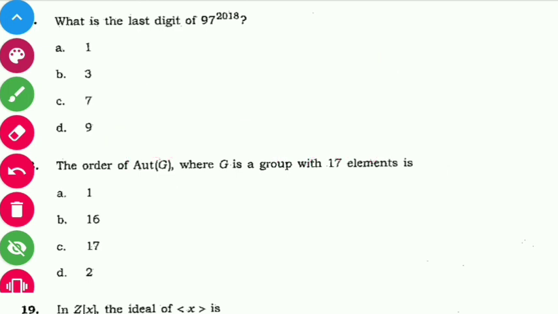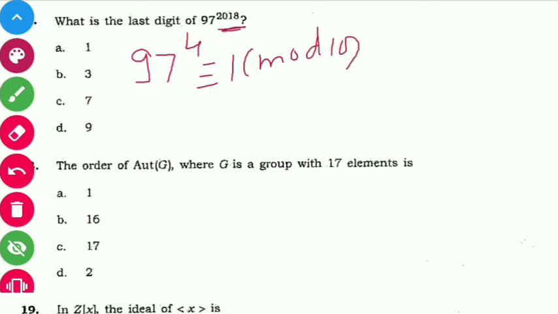Now we have 97 raised to 4 is congruent to 1 mod 10. Now we want this 2018, right? But we just have this 4. So let us write 2018 as, you somehow write these numbers into the multiples of 4.